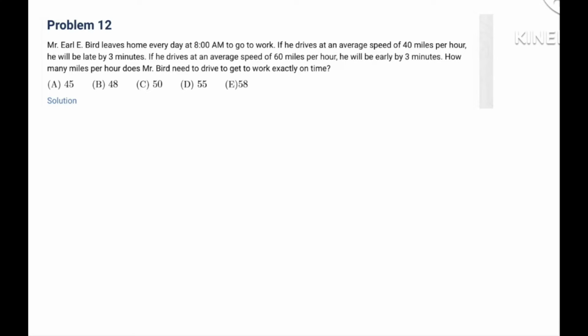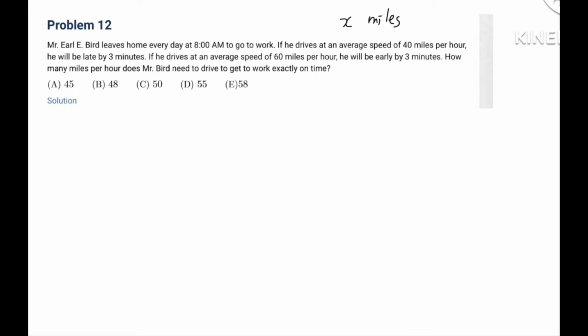So he leaves at 8 a.m. This will be utilized in the last part of our problem. And yeah, so 40 miles per hour, it's late by 3 minutes. So let's say that there are x miles to work from home.